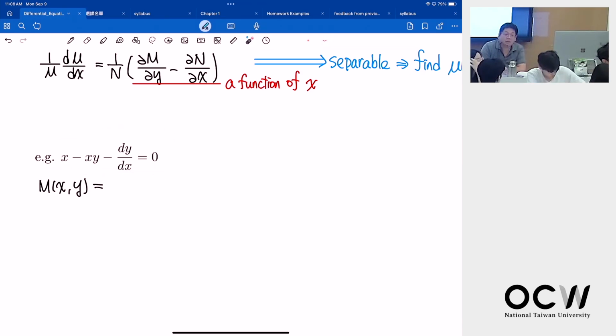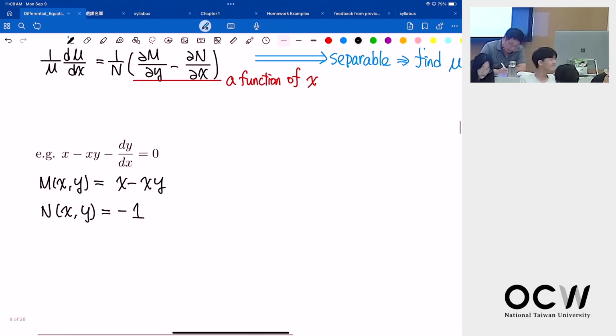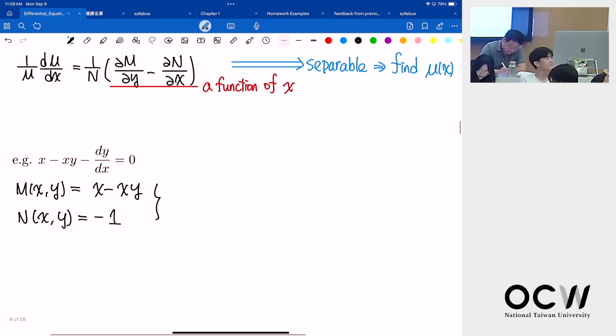Then what is m? x minus xy. And then what is n in this case? Minus 1.